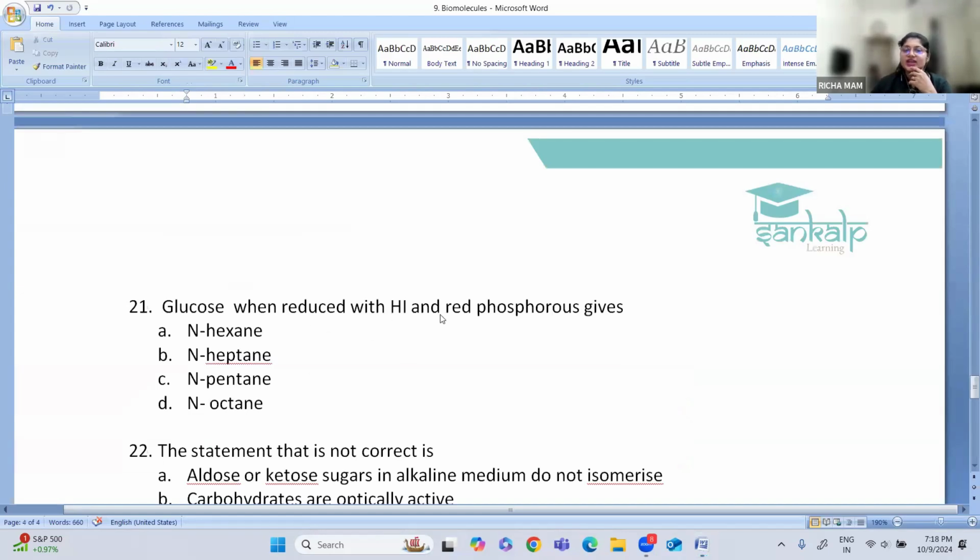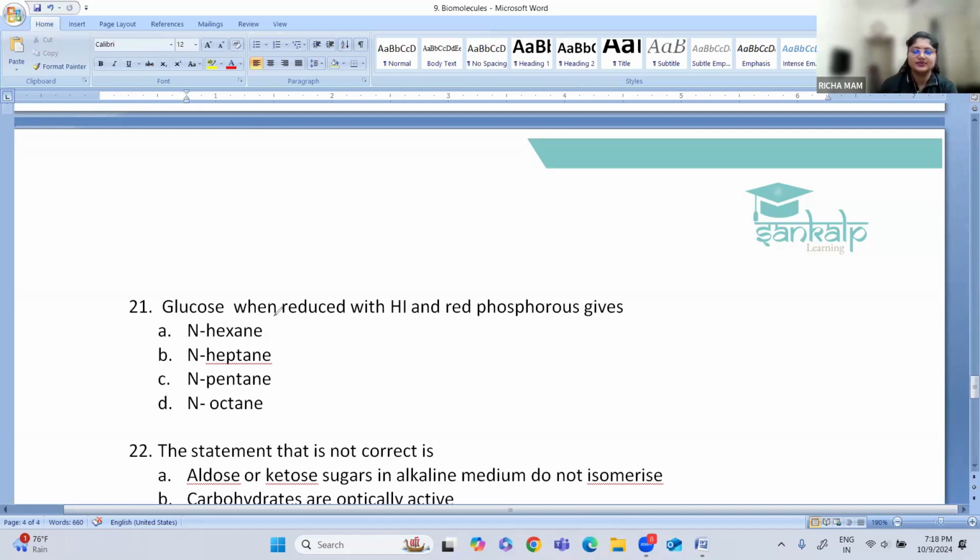Glucose when reduced with HI and red phosphorus, what does it give? N-hexane, N-heptane, N-pentane, N-octane. This is the reaction used in elucidation of glucose structure. Yes, tell me.